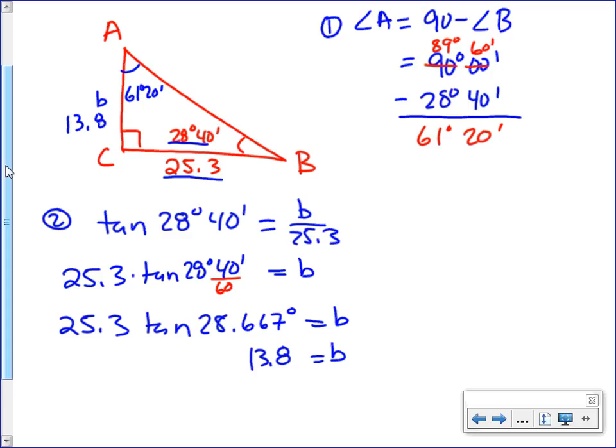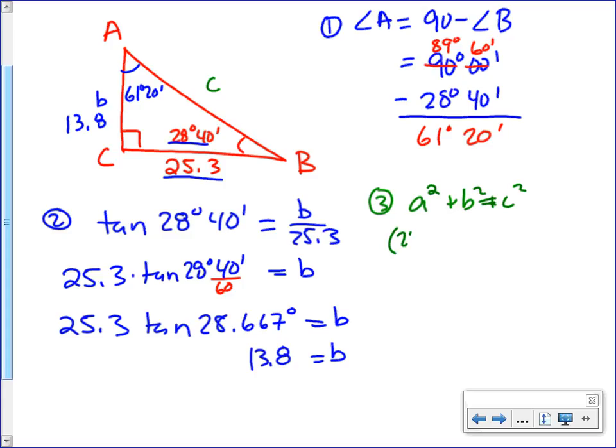Okay. And last but not least, to find C, there's a third thing we have to find. Since we have two sides and we know it's a right triangle, just use the Pythagorean theorem. You can use another sine, cosine, or tangent if you want to, but a squared plus b squared equals c squared works.